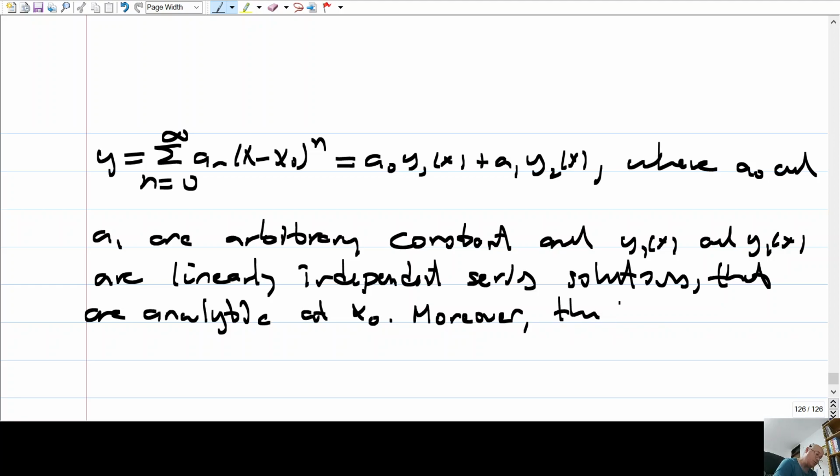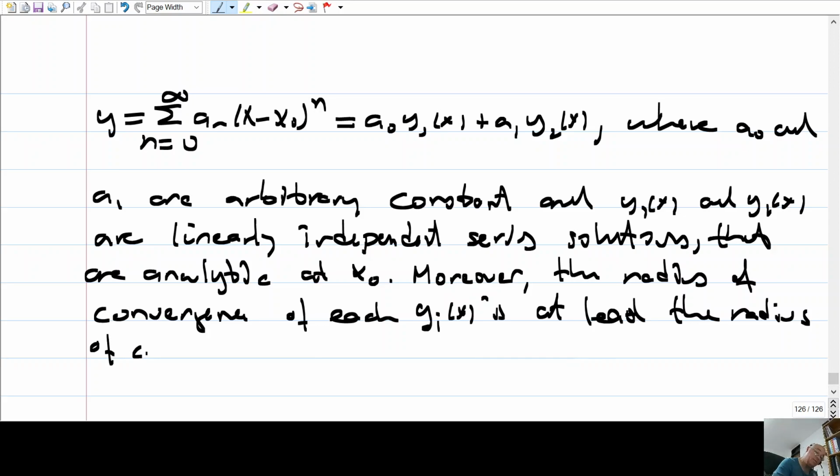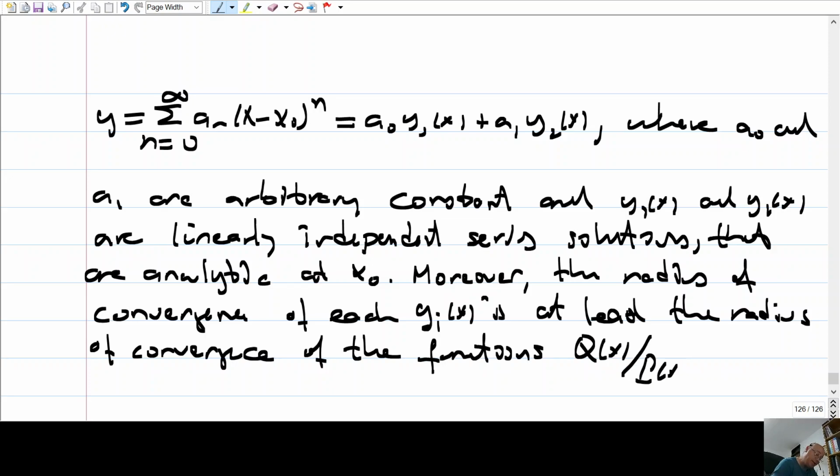Moreover, the radius of convergence of each yi(x) is at least the radius of convergence of the analytic functions q(x)/p(x) and r(x)/p(x).